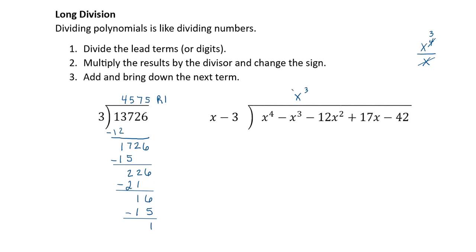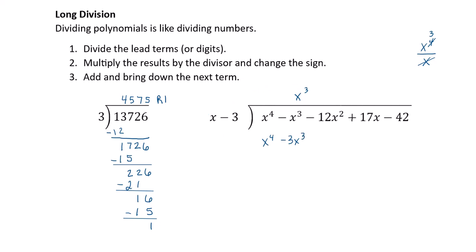Now when we multiply down, we're going to take that x cubed and multiply the entire x minus 3, and that will go under here. So x cubed times x is x to the fourth. X cubed times negative 3 is negative 3x cubed.